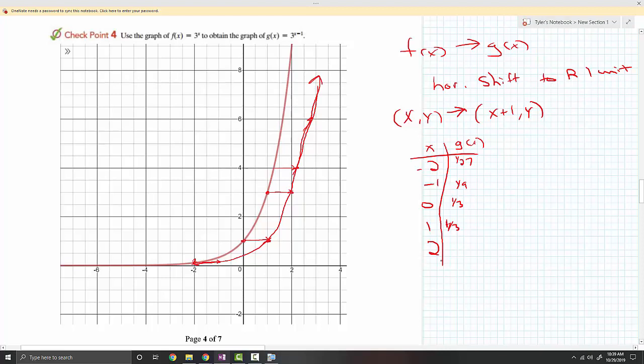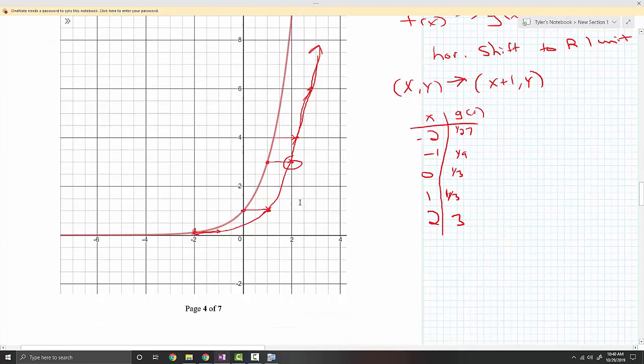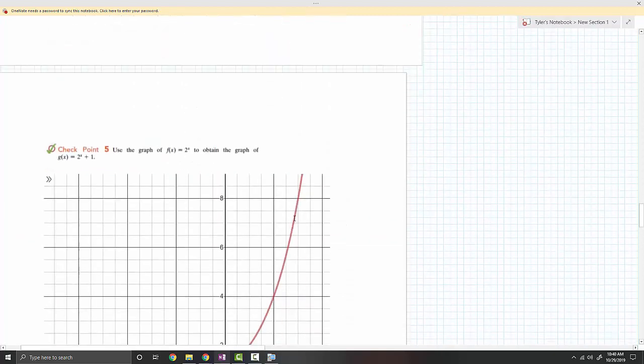And if you plug 2 in, you should get 3. So if you plot these points, you can also begin to get the shape of a graph. So here's the point 2, 3, that we already plotted and so forth. And you can plug that in your graphing calculator too and see a table or see the difference between the two graphs.